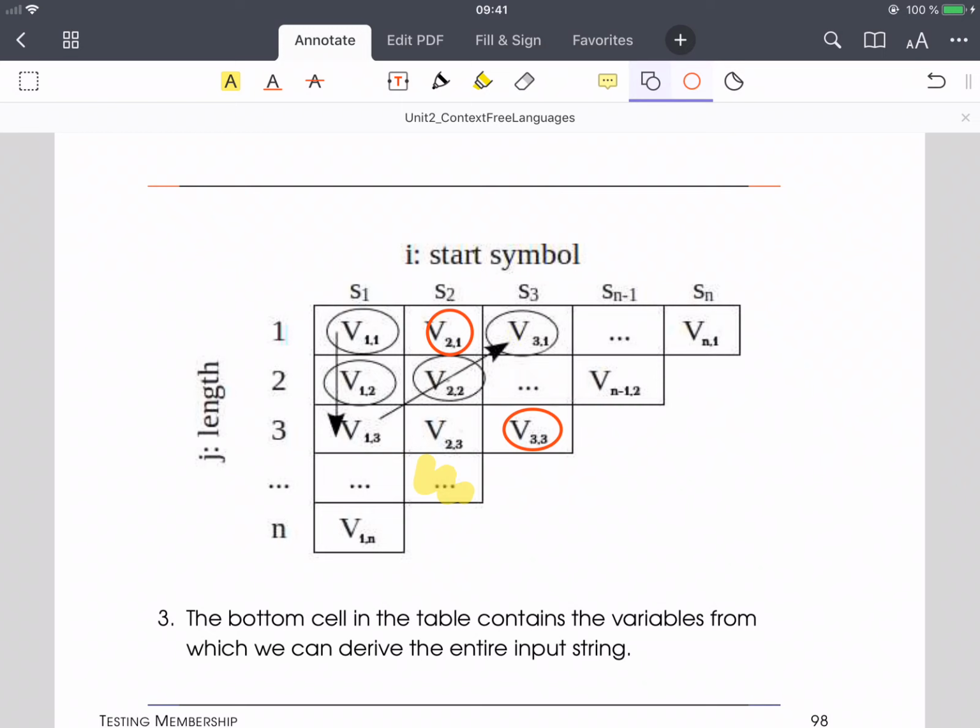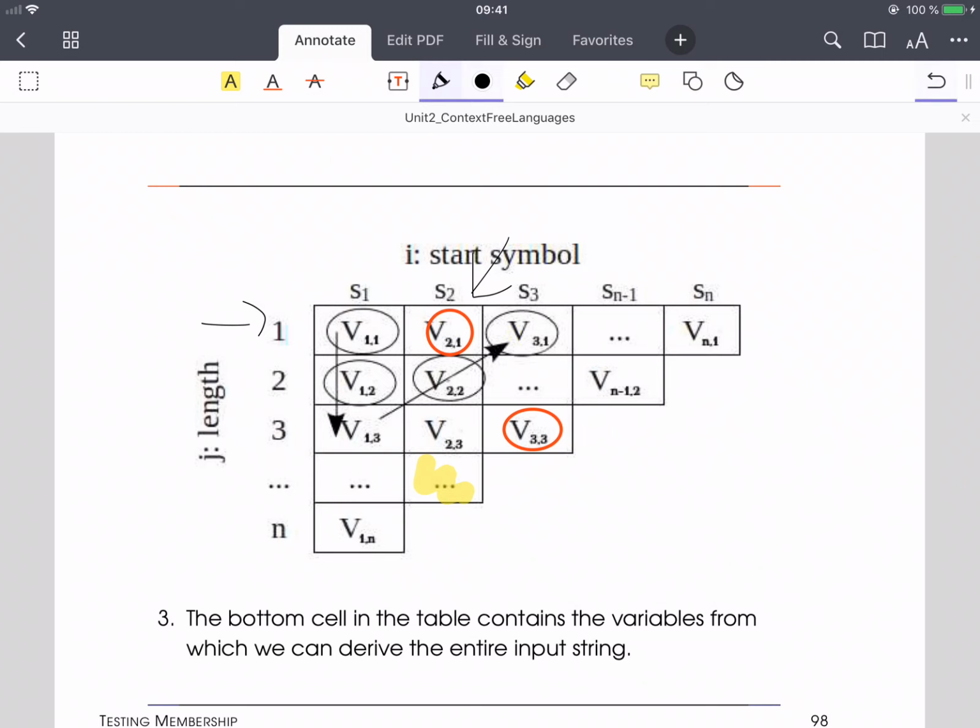Okay, so this is our first choice, because then with this cell here we are considering words of length 1. So with the second part we need to start just one symbol to the right, and the length should be one less than the total length of the substring that we are generating.